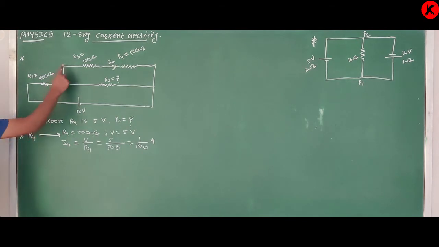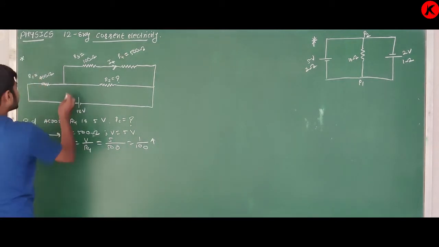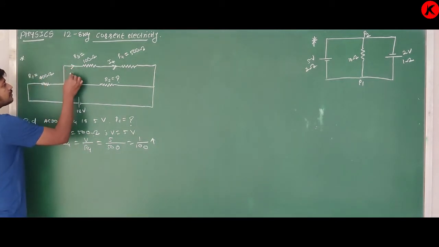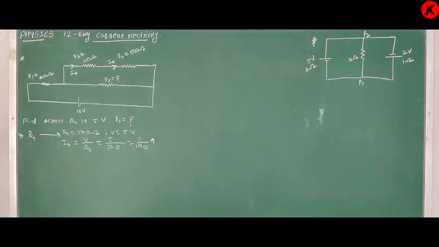Now, as R3 and R4 are both connected in series, the current flowing through this is also I4, because current in a series connection is the same. Yes or no?